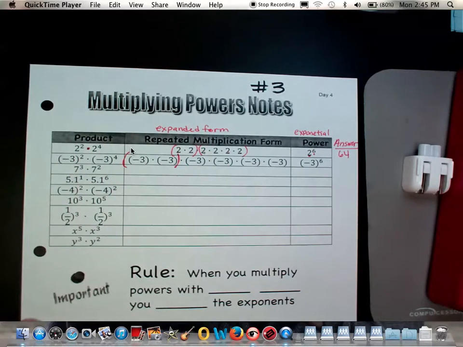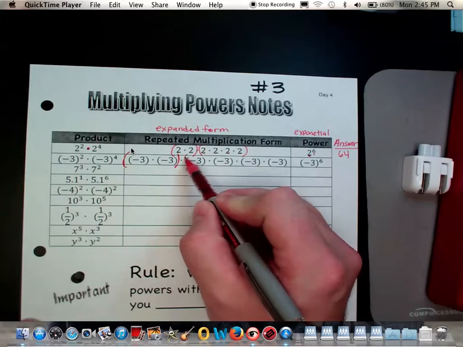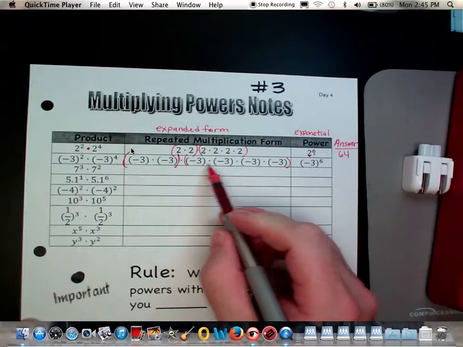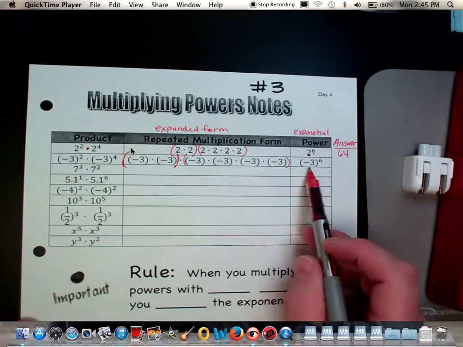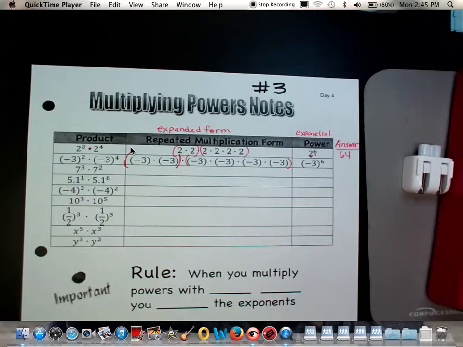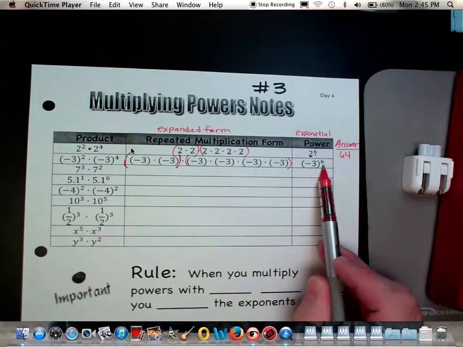Negative 3 to the 4th power, well, there it is right here. And then when I put them together to get my answer, you can see that I can count up my negative 3's, and I got 6 of them. So that's why I got my answer, negative 3 to the 6th power.